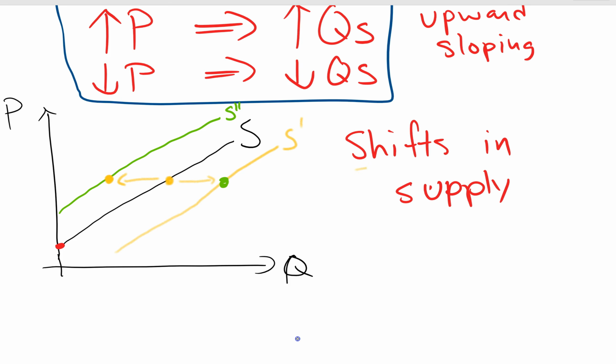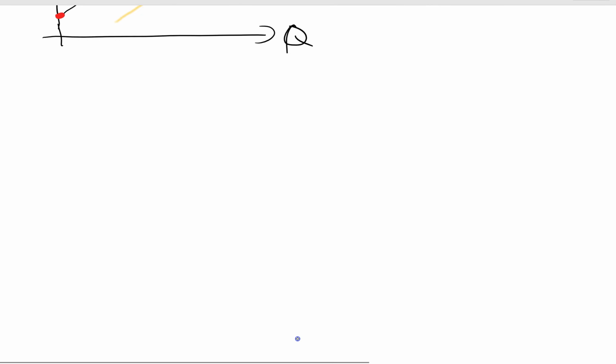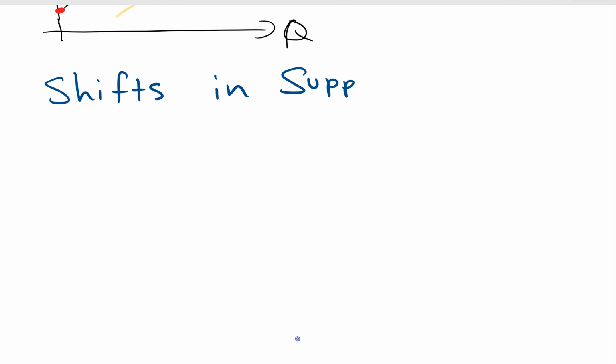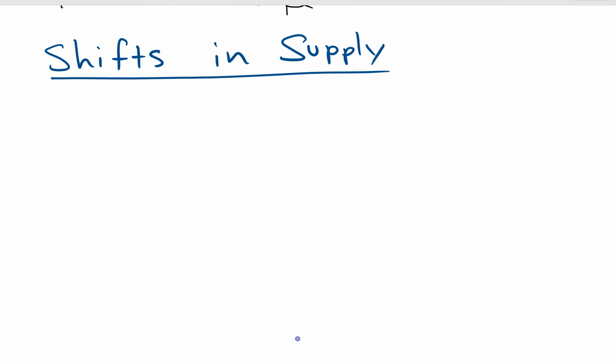So let's think of the factors that might affect this. Okay, so let's start with factor number one, getting shifts in supply. Probably go ahead and pause for just a second, and think on your own about what some of the things that might cause these shifts would be, and then come back and see if you're right.